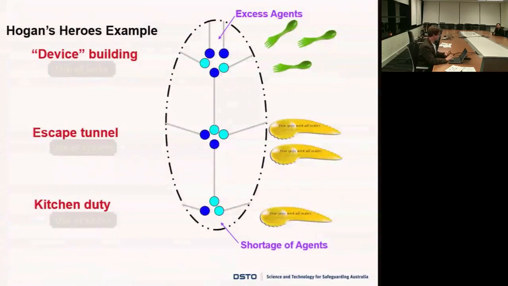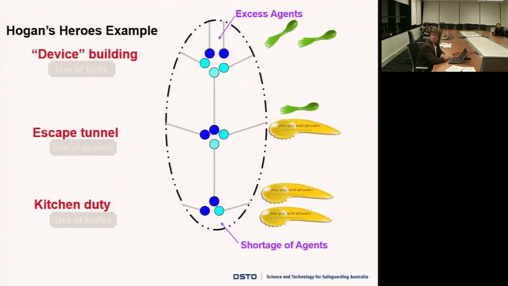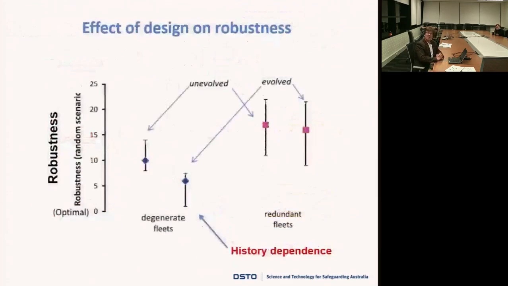But with a degenerate system, you would, because you can relieve one spoke from the device building, move it to build an escape tunnel, and then liberate the spies to move on kitchen duty. So that's what network buffering is. Now that gives you an insight of why these degenerate systems might be more robust.